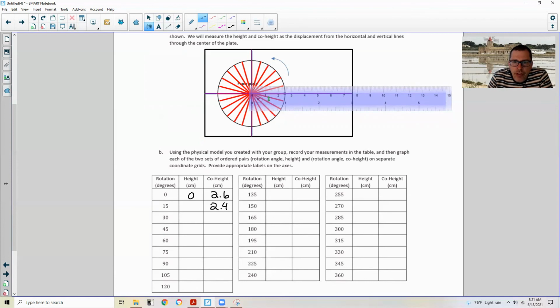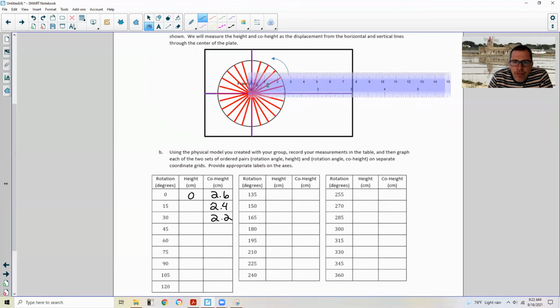I'm doing Kohheit first, X. And then if I move the ruler straight up to here and put it on 0, and then I measure over, that's 2.2. Keep going, 45 degrees.